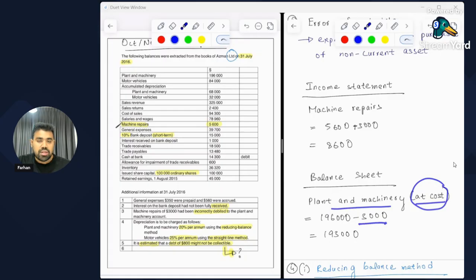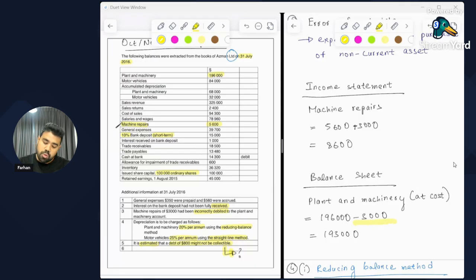The original plant and machinery at cost based on the table is $196,000, and now we subtract the $3,000 which we mistakenly included. So altogether, the plant and machinery at cost is to be reported at $193,000 when you prepare the balance sheet. Make sense? All right. So now let's move to additional information number 4.